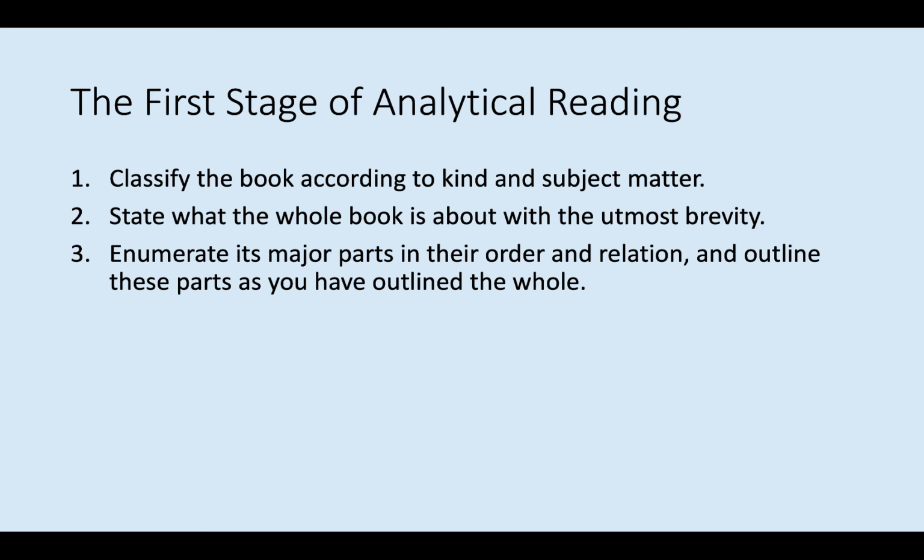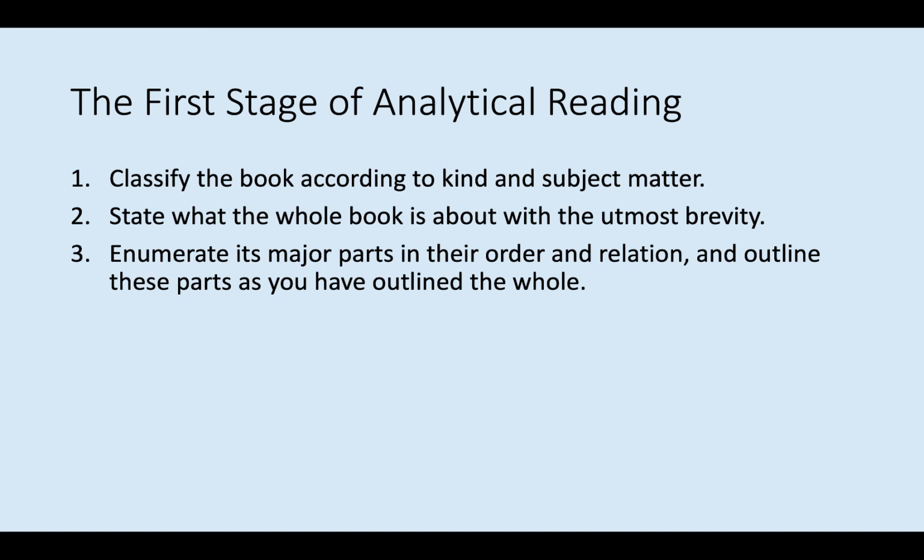And so if you want to understand the whole of a book, you really need to understand the parts of the book. If you don't understand the parts, there's a decent chance you don't understand the whole. So you have to work through and see how these parts work together. And this is the primary activity we're going to be doing in 1 Corinthians 1 through 4, is going through its parts.